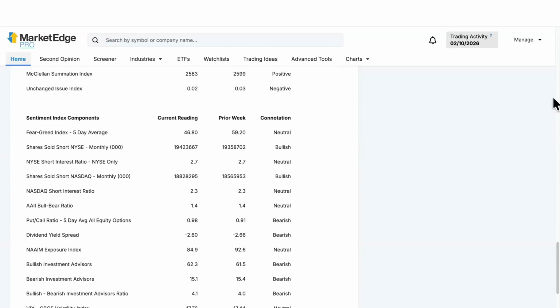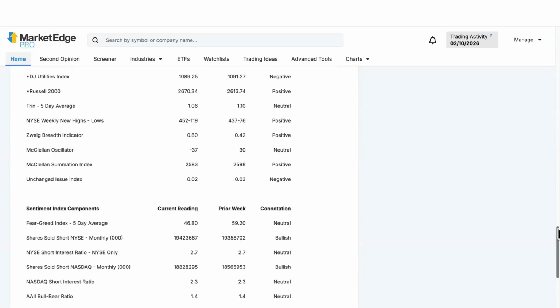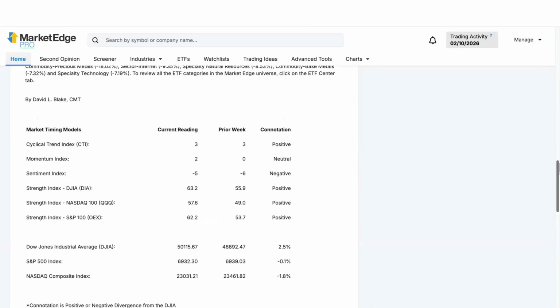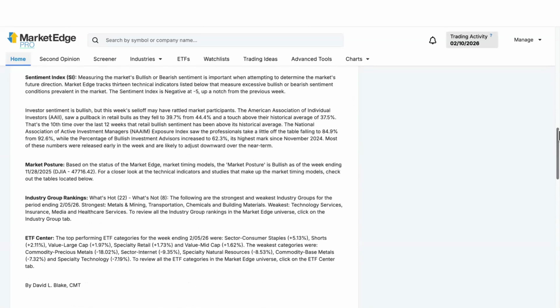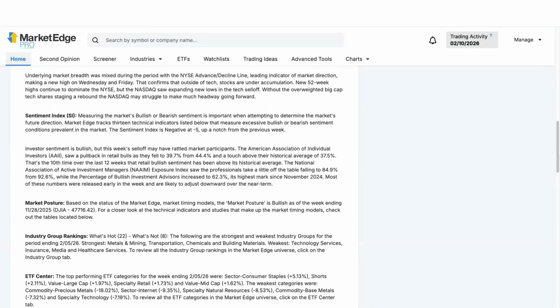Now, what happens after that is that, to make things very simple, MarketEdge provides finished technical research. When you go up to the Sentiment Index, you'll see that as of this close on this particular Friday, it's bullish, meaning that each one of those indicators gets either a bullish +1, 0, or bearish -1 value assigned to it every Friday night based on parameters, which I'm going to show you.